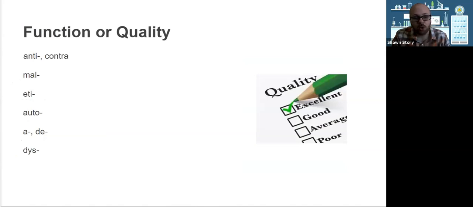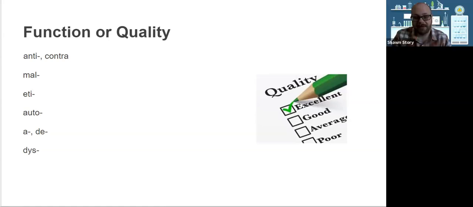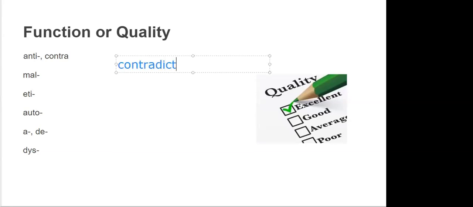Next is quality. Anti or contra? The opposite or against. I think of the word contradict.